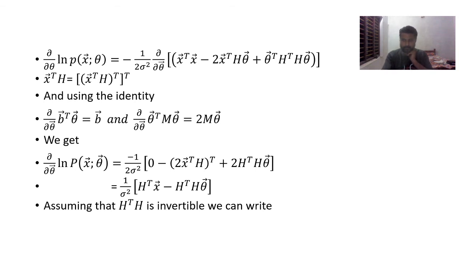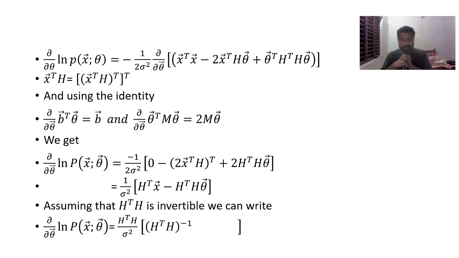It is nothing but 1 by sigma square times h transpose h, inverse of h transpose h, times h transpose x minus theta. It's not h transpose h inverse; those two get cancelled, so you will have only h transpose x minus h transpose h into theta. Okay, it's clear.